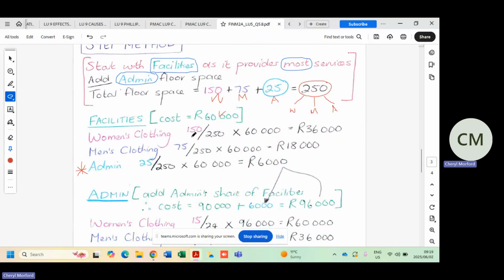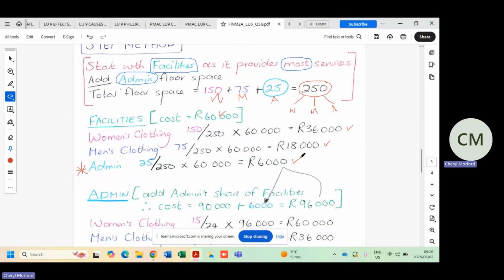So women is 150 out of 250. That will give me 36,000. Men, 75 out of the 250. Its share, 18,000. Lastly, admin takes up 25 square meters times the 60,000, which is 6,000.